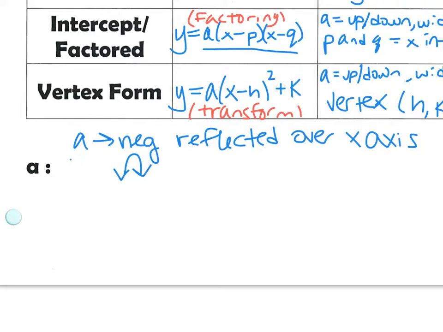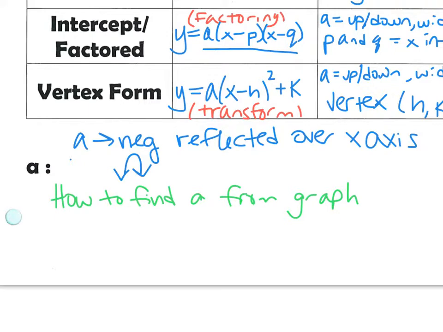The other thing is how to find A from a graph. So to find A from a graph, we usually want to use either intercept or vertex form. And then once we do that, you choose a point.